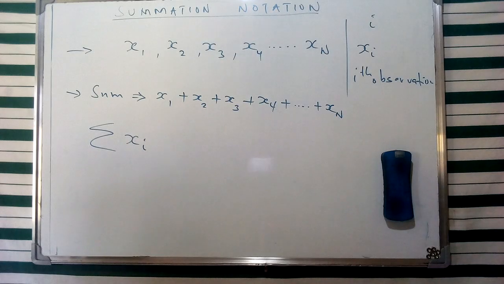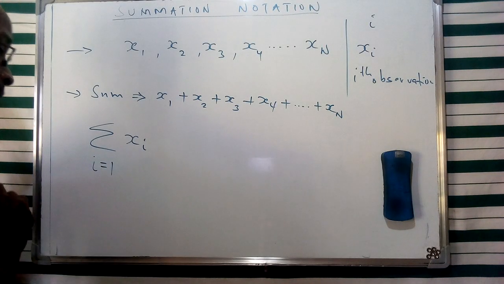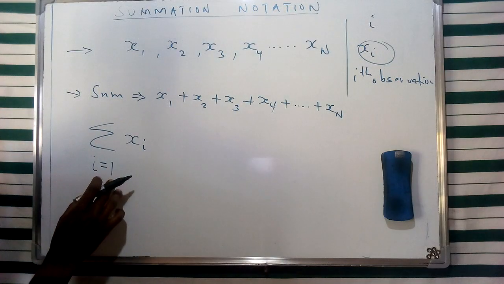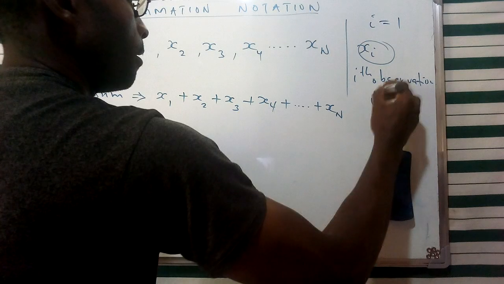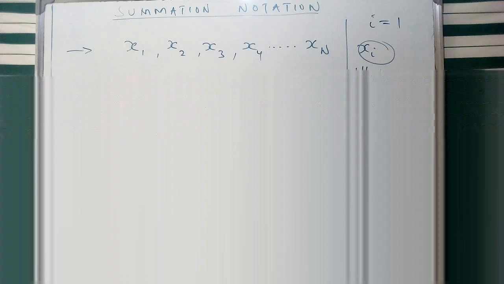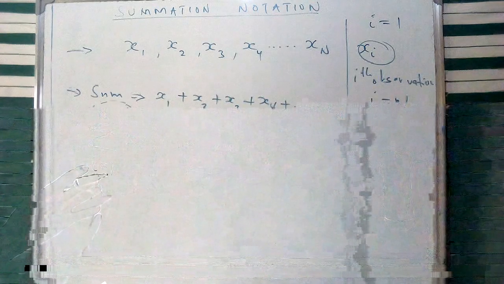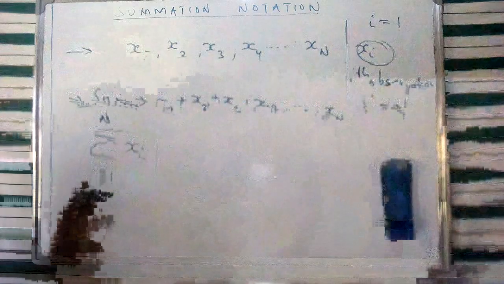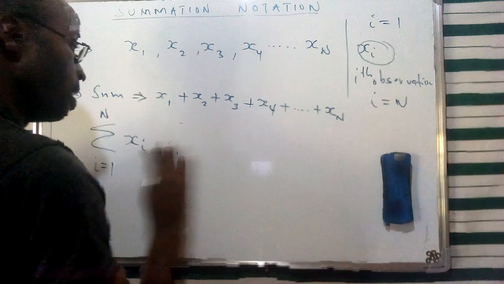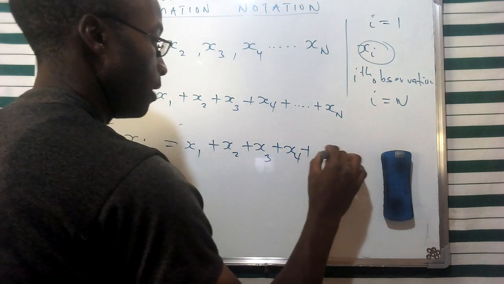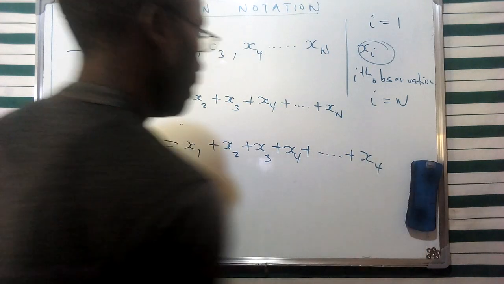If the initial observation starts from 1, we say i is equal to 1 up to i is equal to n, and this is the sum of xi from this notation, which represents x1 plus x2 plus x3 plus x4, and of course up to xn.